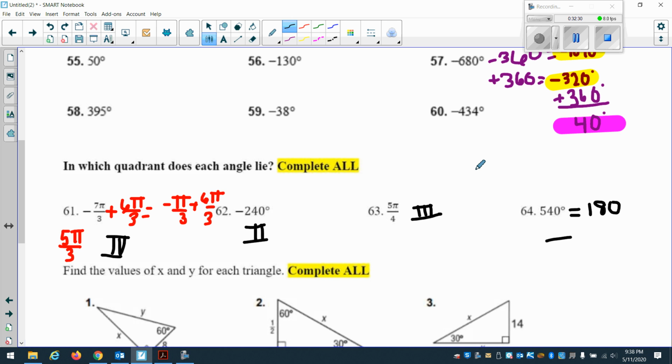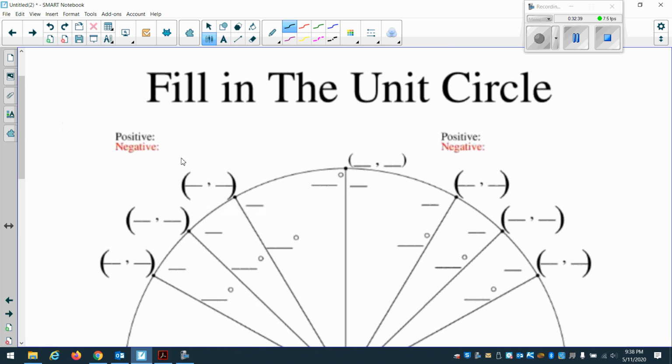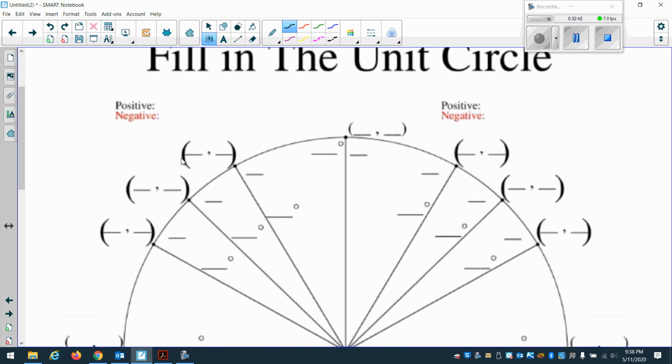Okay, going through this review. Okay, a few of you have asked if there's any shortcuts to filling out the unit circle.